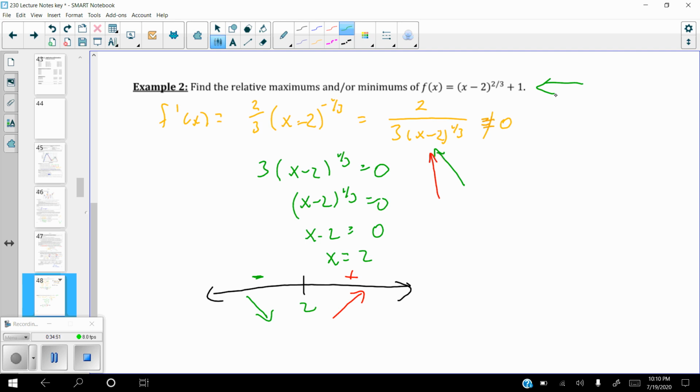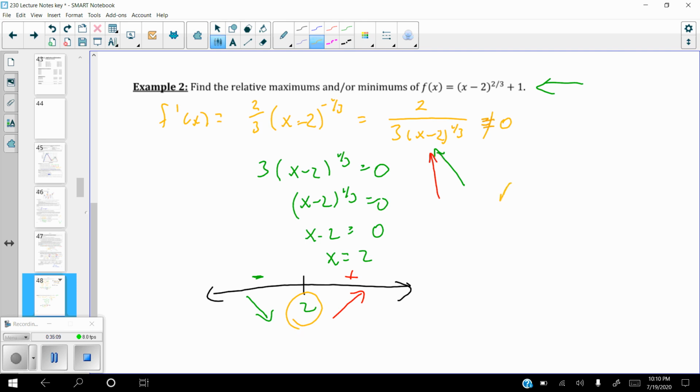It just means that more than likely this thing is going to be a cusp, but because the derivative doesn't exist there, it's some kind of a corner or a cusp there. All right, so I can clearly see from what I've done here that this is going to be a minimum. It goes from down to up.